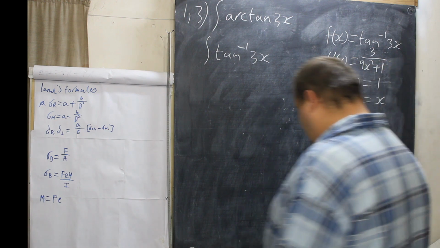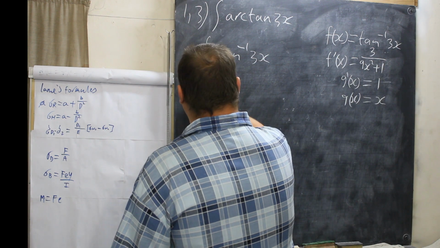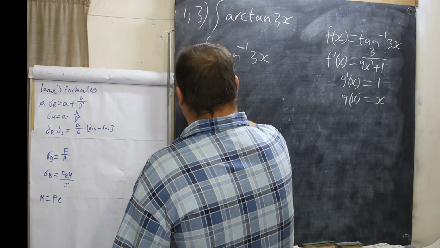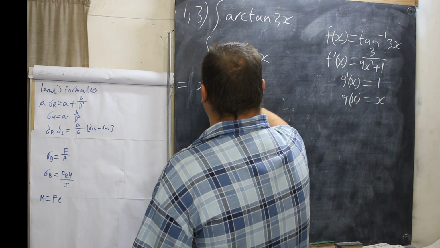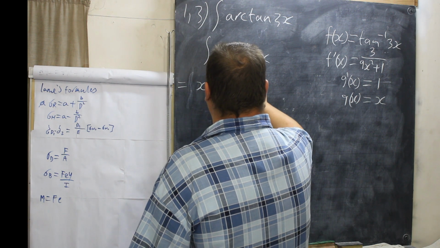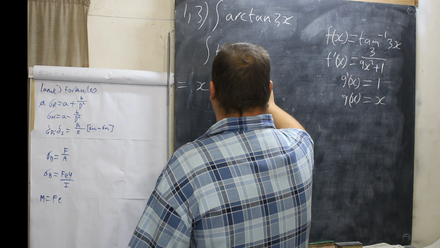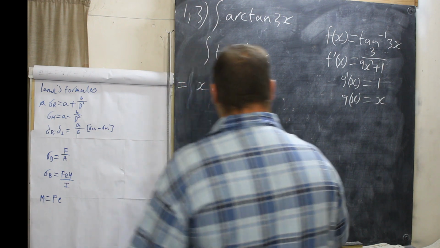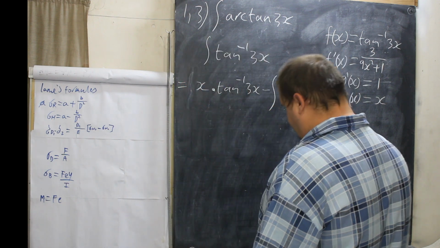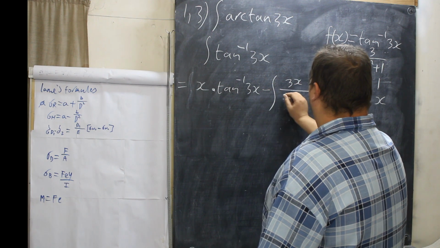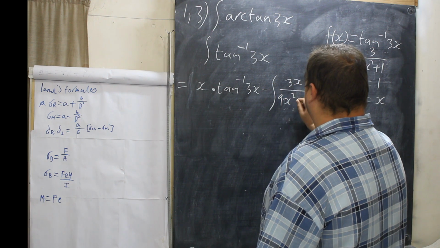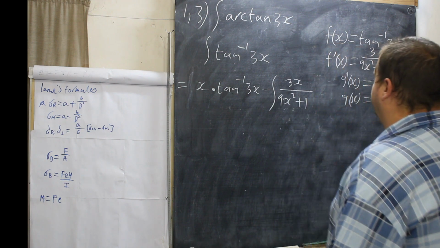So how this will work is now this will equal the integral of x times tan to the minus 1 3x minus the integral of 3x over 9x squared plus 1.